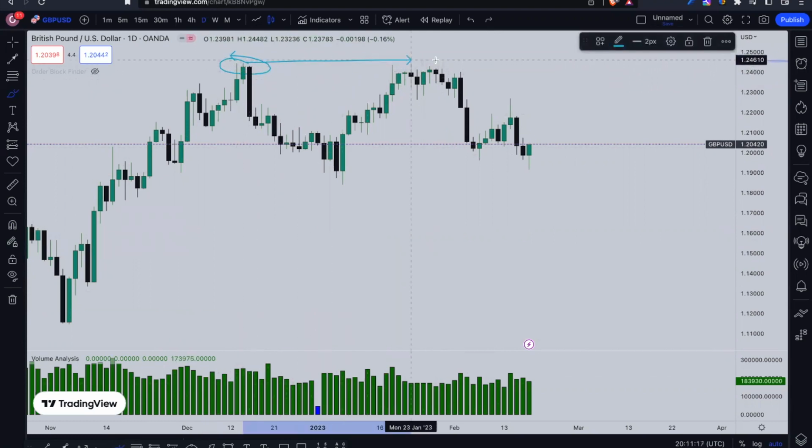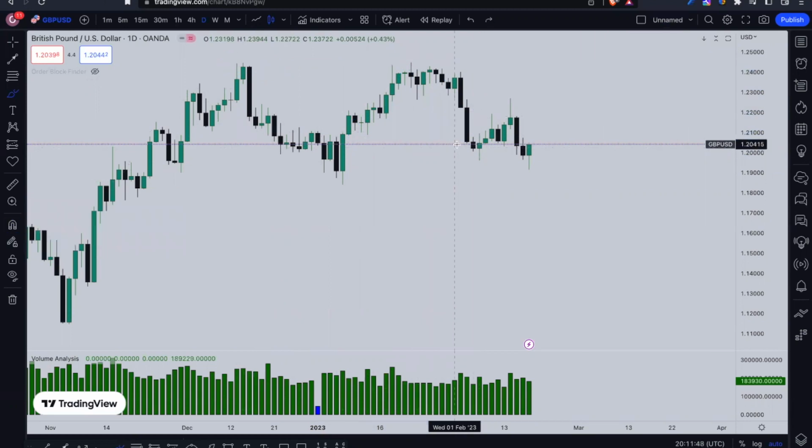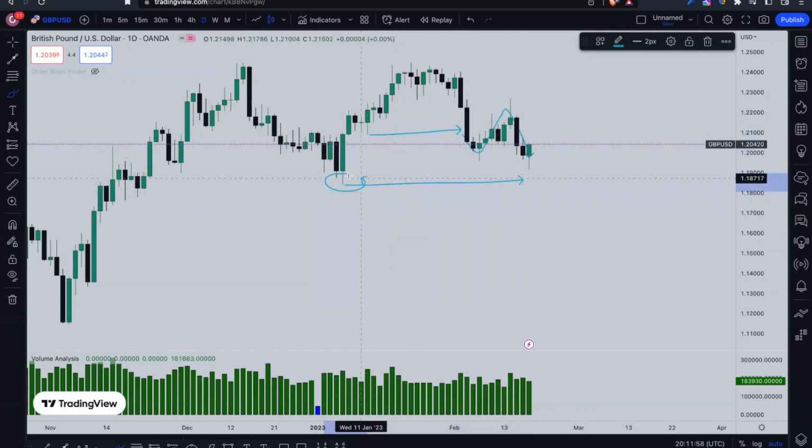But as we can see over here, price did not take it out, only came to create a double top, and it has now taken out higher lows. So this is indicative of a bearish trend. As we can see, price has taken out this last low, and it's heading towards here. This is a possible target.